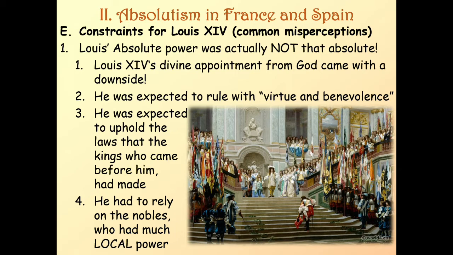When the king dies, he never really dies. All the laws and all the edicts that he comes up with go on. And his successor is really obligated to maintain all of that. And Louis XIV had to rely on the nobles, who had a lot of local power still.